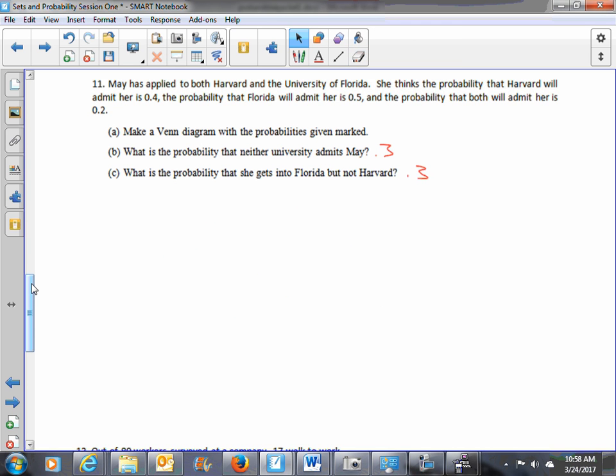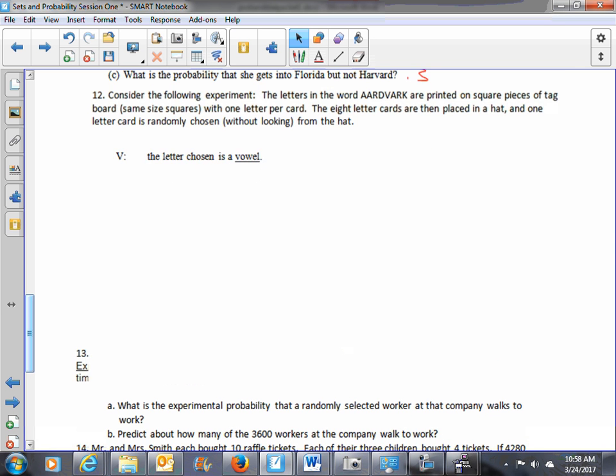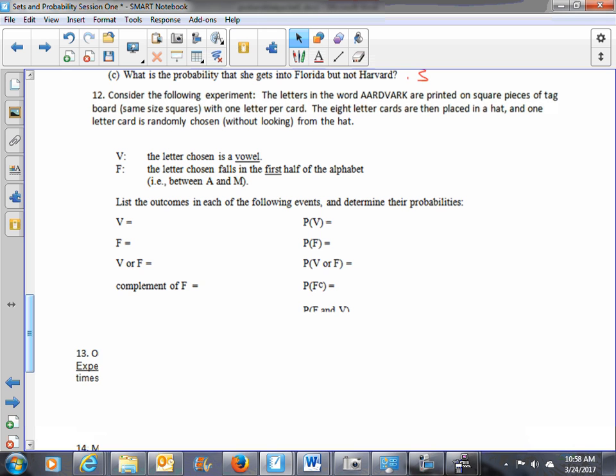Okay, moving on down to number 12. Okay, consider the following experiment. Letters in the word aardvark are printed on a square piece of tagboard, same size squares, with one letter per card.